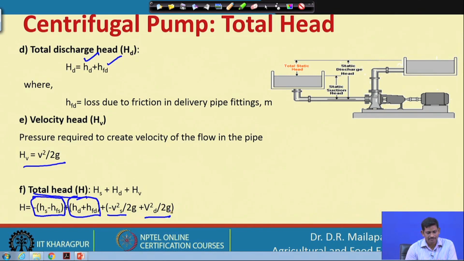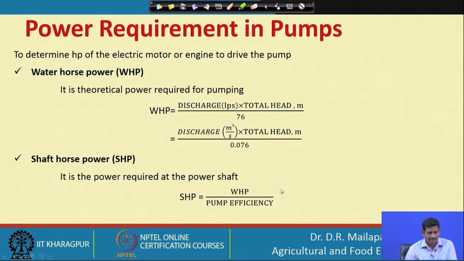Because here, if you see again, the water is coming down, this is really helping. So, gravity really helps us in pumping. The pump does not need to use extra energy to pull this water, because it is anyway coming down. That is the reason velocity head is negative here.